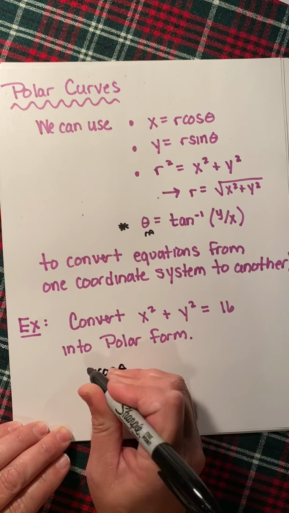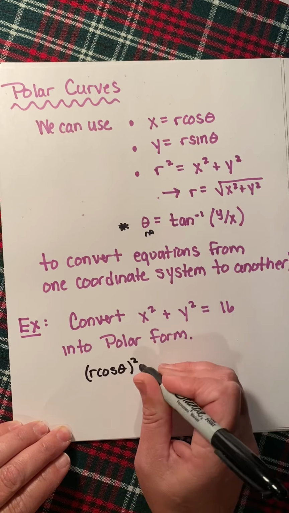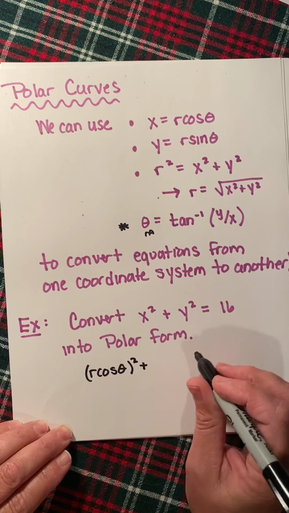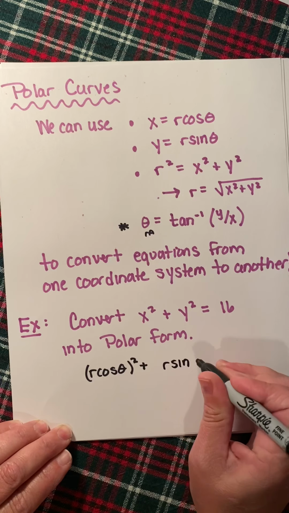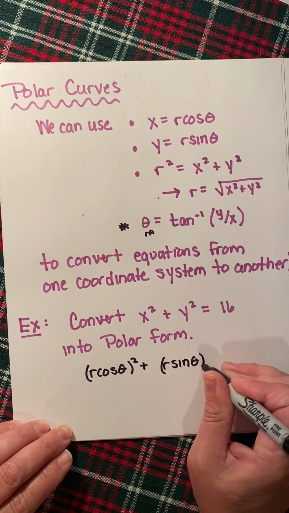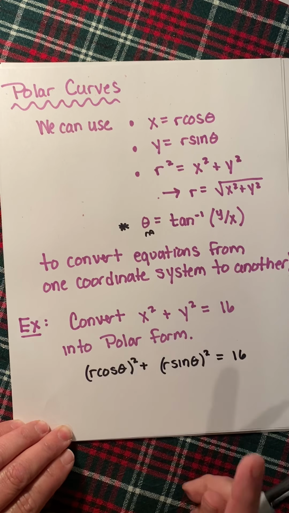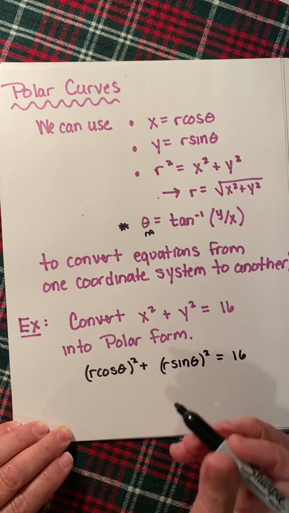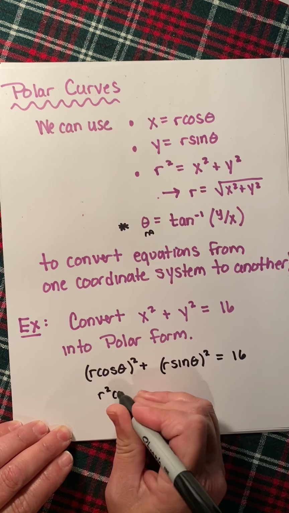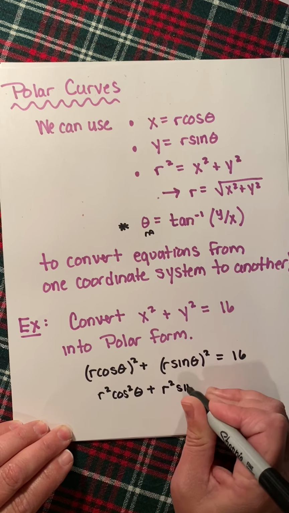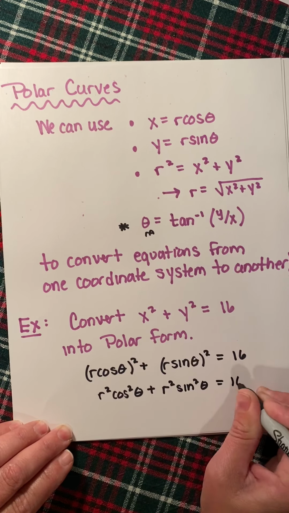So we have r cosine theta squared plus r sine theta, all squared equals 16. Now we can clean this up. This is not simplified. Watch how cool this is. This becomes r squared cosine squared of theta plus r squared sine squared of theta equals 16.